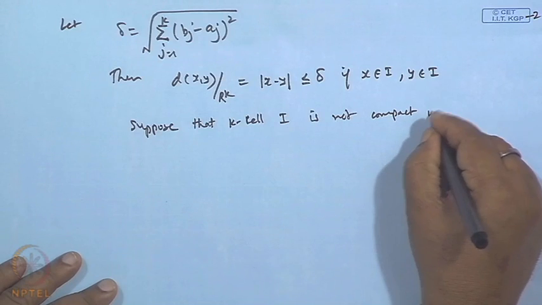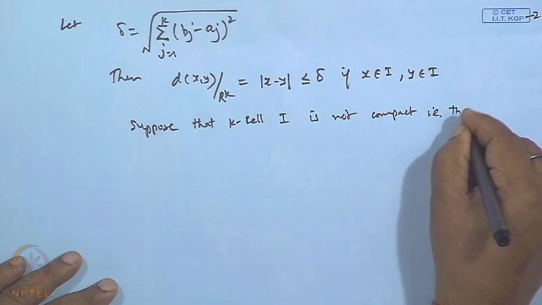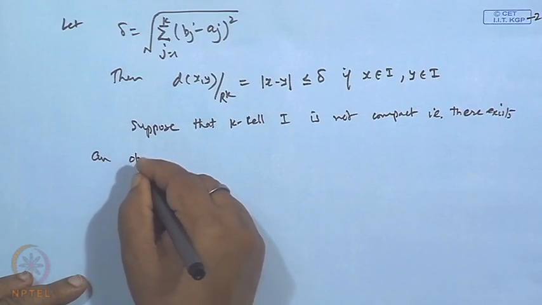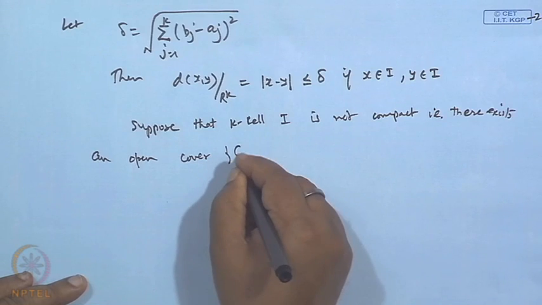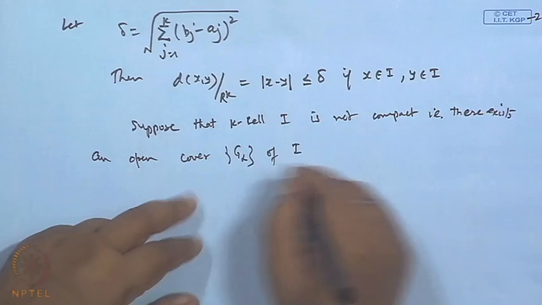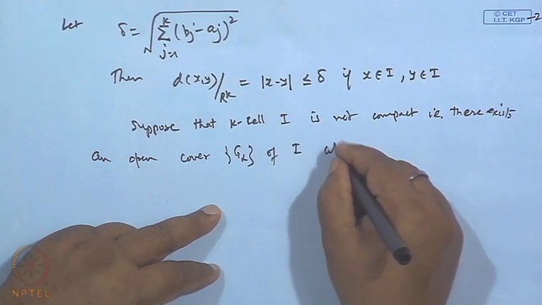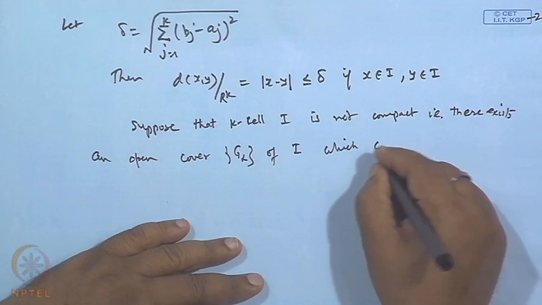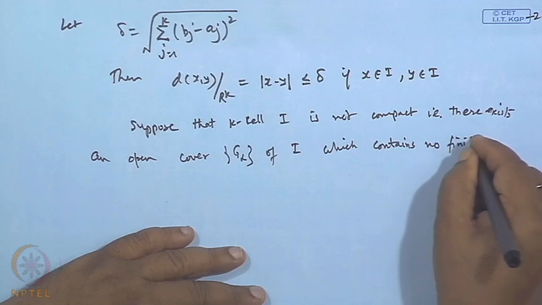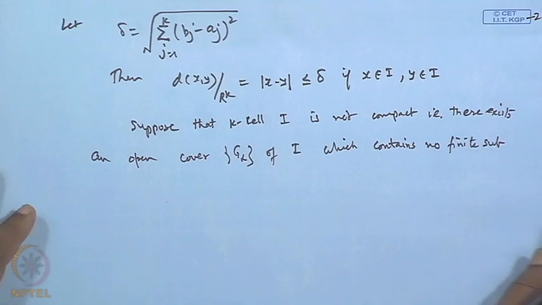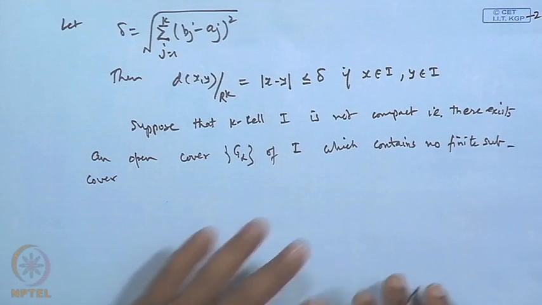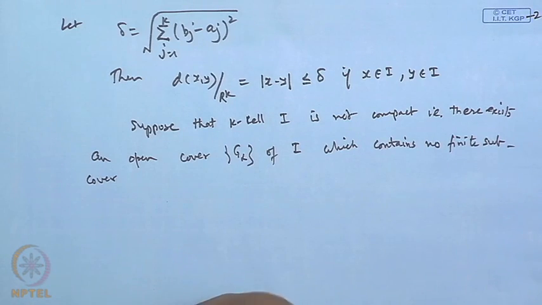So, there exists an open cover, say G alpha of open sets, open cover of I, which contains no finite subcover. That is the meaning of I being not compact.